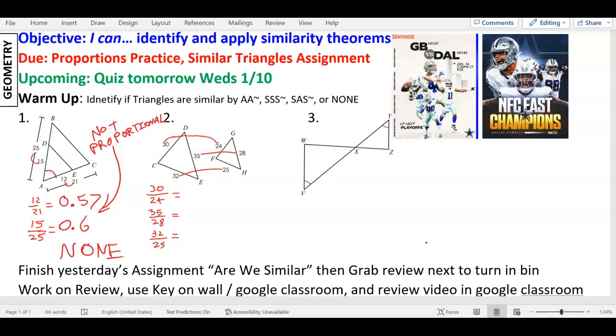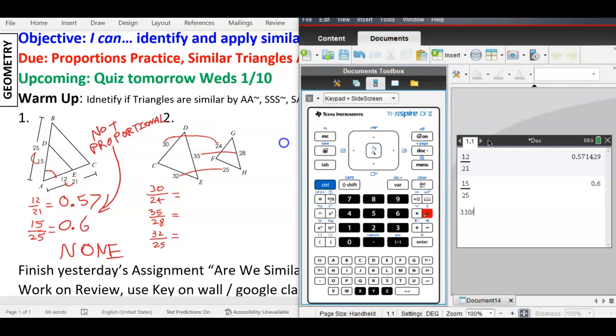Okay? So 30 over 24, let's hit that, and hit Control Enter. So 35 over 28, Control Enter. So far, so good. 1.25, 1.25. 32 divided by 25, Control Enter. What do you notice?